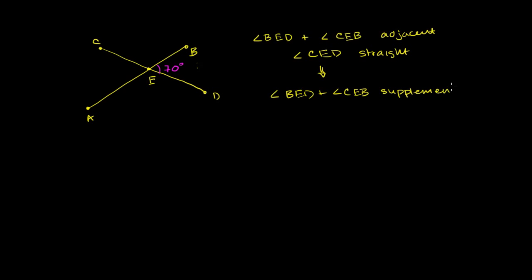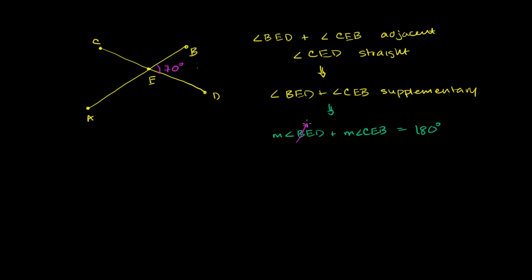Supplementary angles, which tells us that the measure of angle BED plus the measure of angle CEB, and I keep writing measure here, sometimes you'll just see people write angle BED plus angle CEB is equal to 180 degrees. Now we already know the measure of angle BED is 70 degrees.